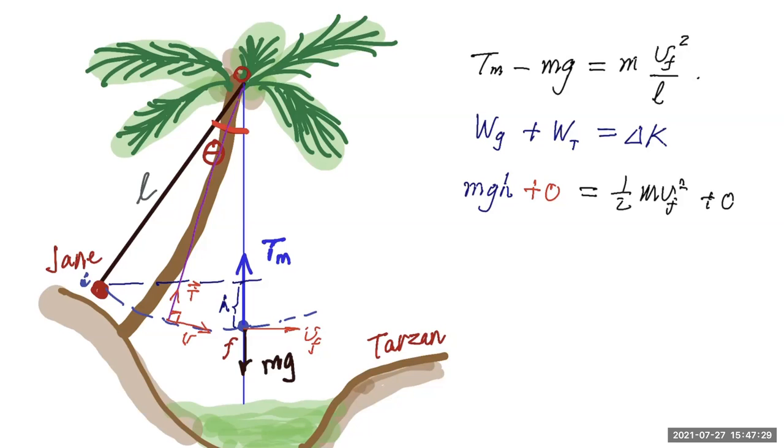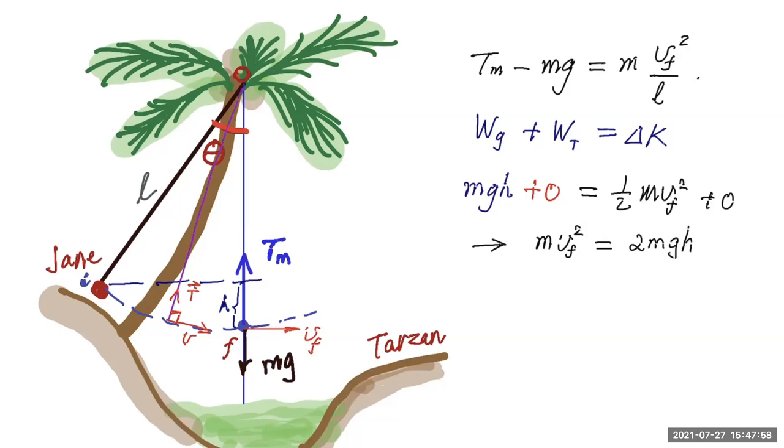So I get mv final squared equals, using the last equation, isn't that equal to 2mgh? Isn't that equal to 2mgh, right?